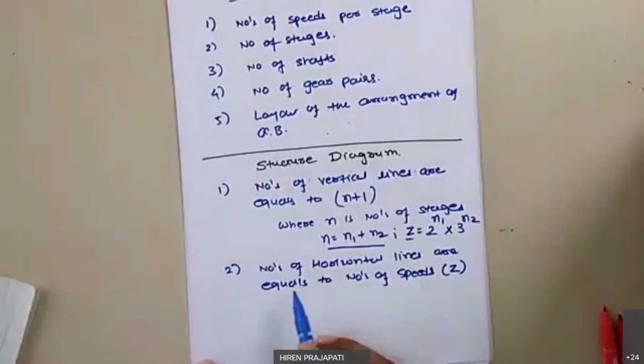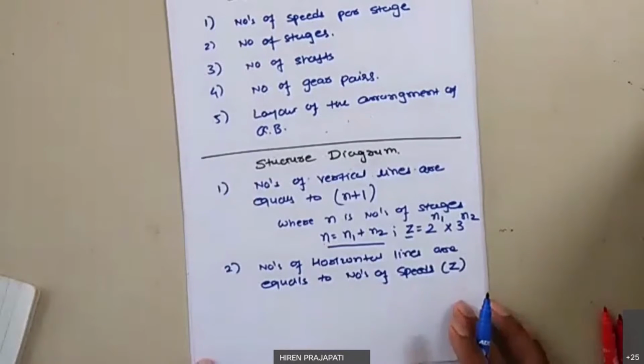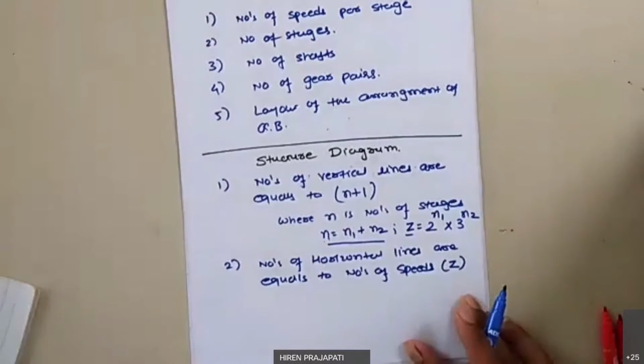So Z is the number of speeds available from the gearbox. The number of horizontal lines we need to draw equals Z, where Z is the number of speeds available from the gearbox, right?